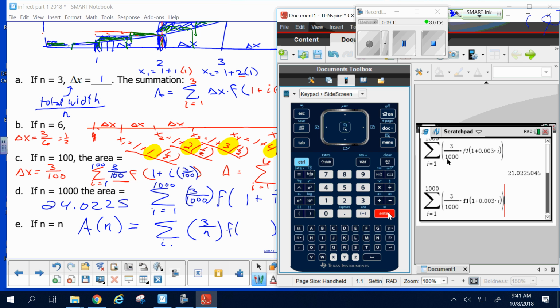The heights are f at the starting value plus delta x. So the function at what x's? 1 plus delta x. What's delta x? 3 over n. How many times? I times, from i equal 1 to i equal n.